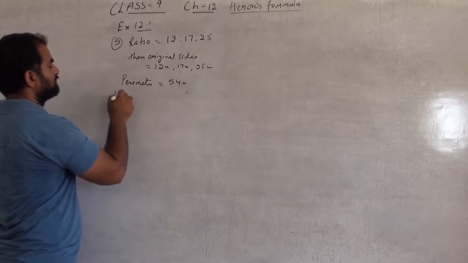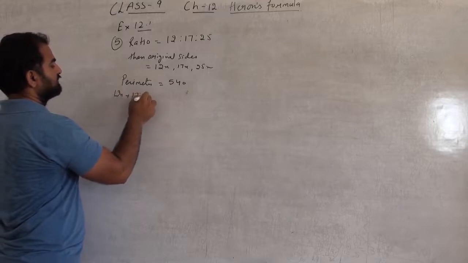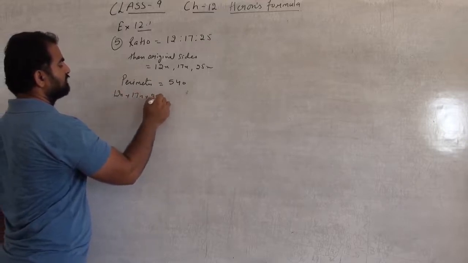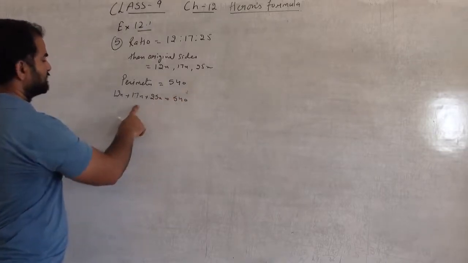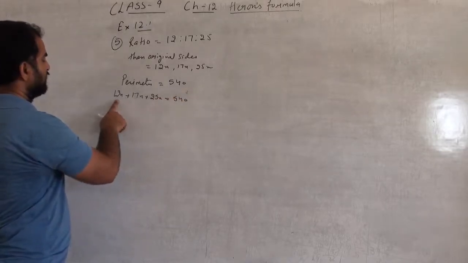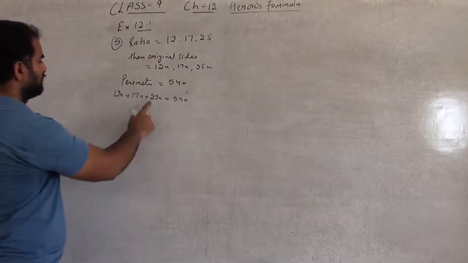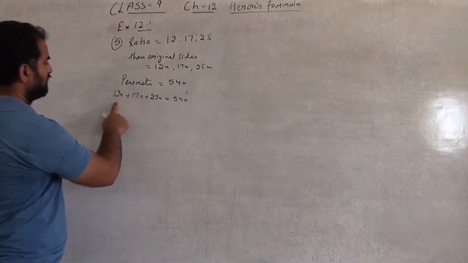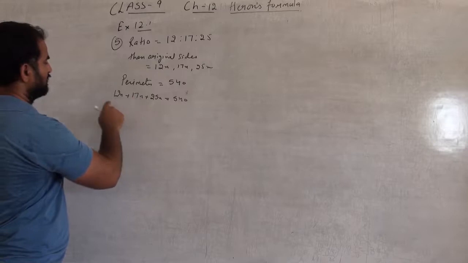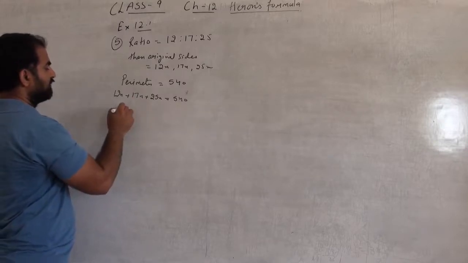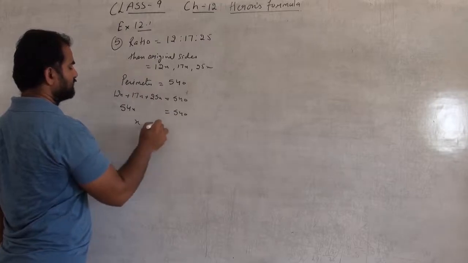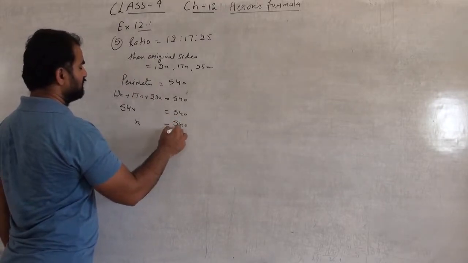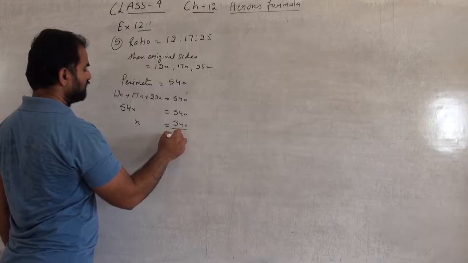So it will be 12x plus 17x plus 25x equals to 540. So 25x plus 17x plus 12x, it will be 54x equals to 540. So x will be 540 upon 54.